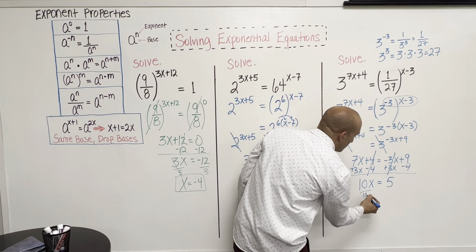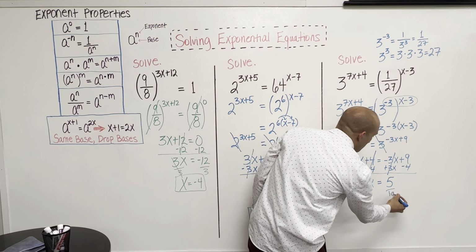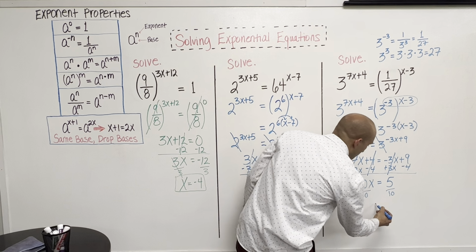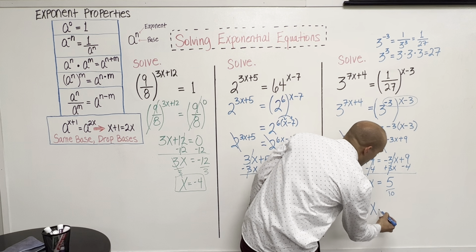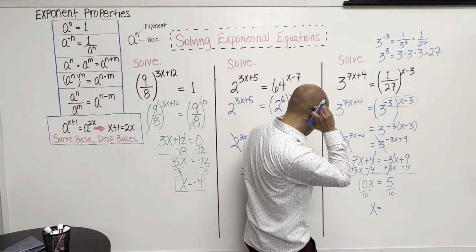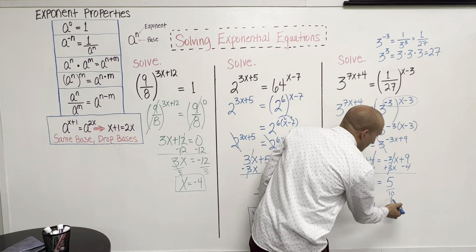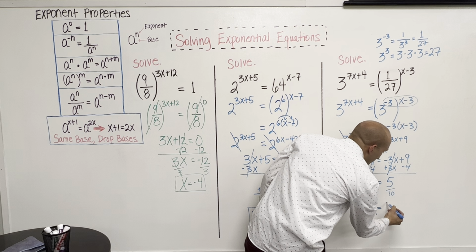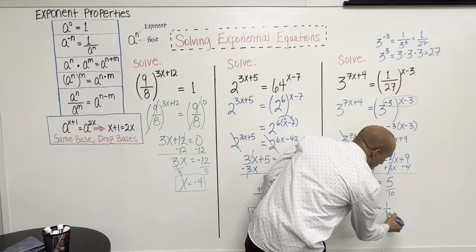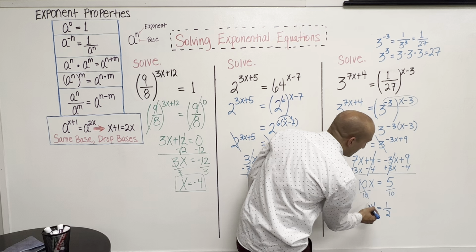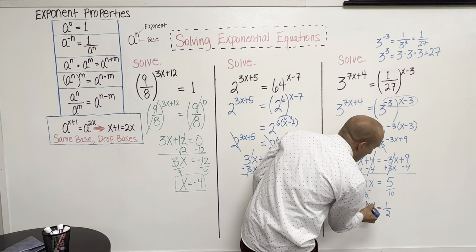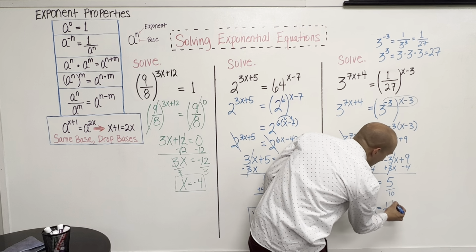Now divide by 10 both sides, and I'm left with x equals 5 divided by 10. Please reduce, which will make it 1 over 2, and that will be my answer.